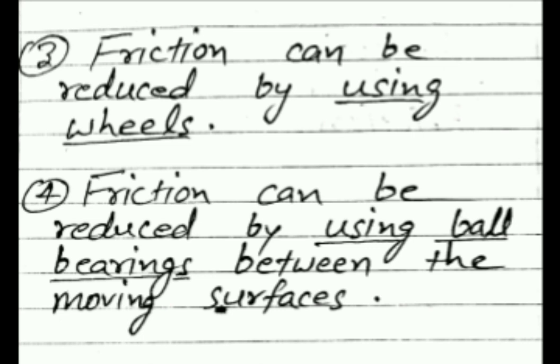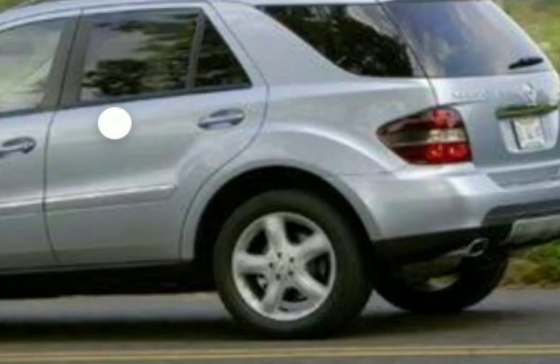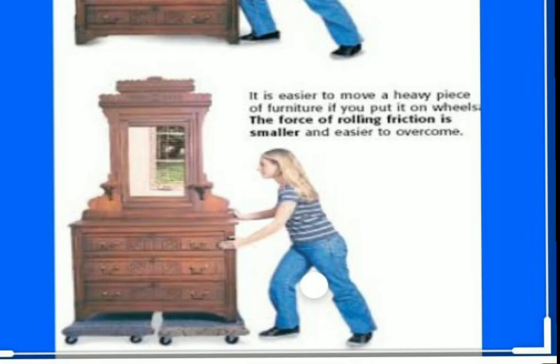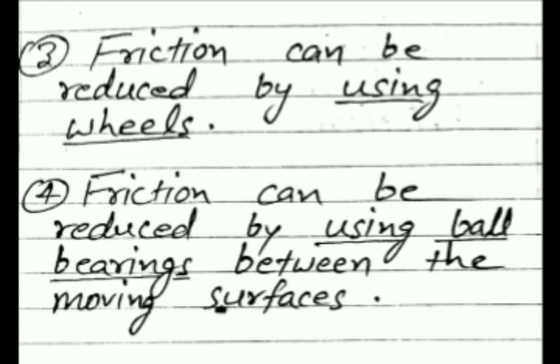So rather than sliding one surface over the other, it is easier to move them using wheels, which change sliding friction into rolling friction. You can see in the diagram, this way the friction can be reduced. So using wheels was the third way to reduce friction.